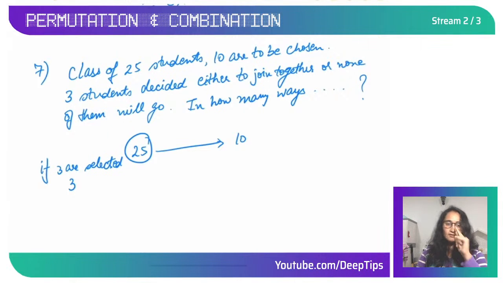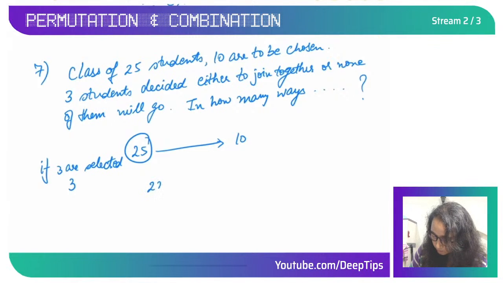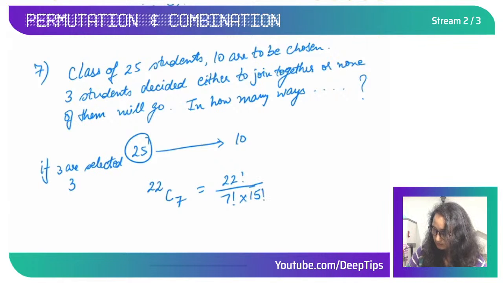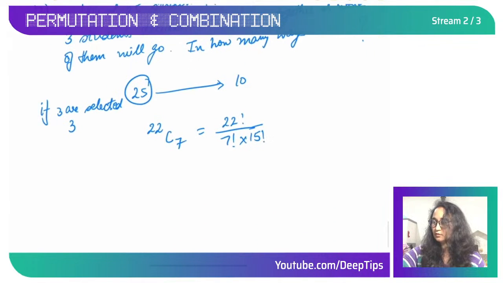And from 25 also we subtract 3, so the remaining 7 will be selected from 22. So this is 22 factorial upon 7 factorial into 15 factorial, right children? We'll come to the calculation later.